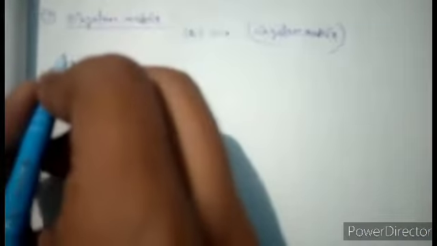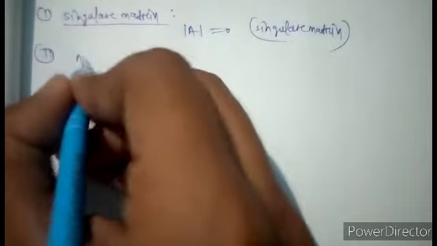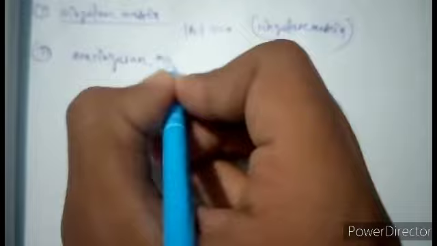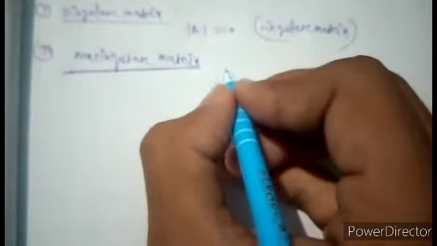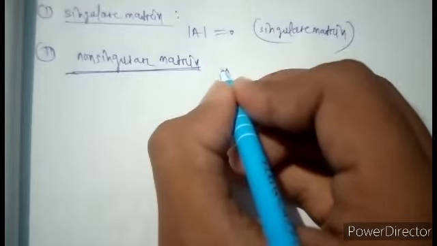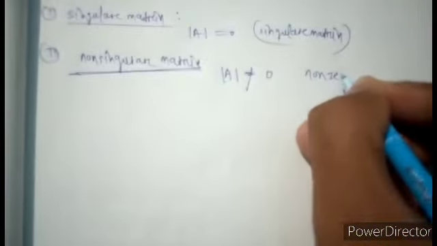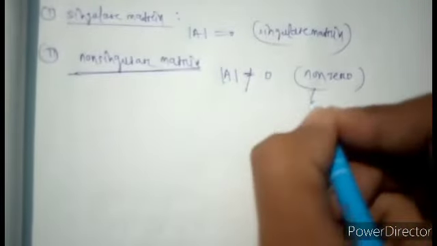Again we can also define a non-singular matrix. If we consider a matrix and the mod of the matrix is not equal to 0, that is non-zero, then we can say it is a non-singular matrix.